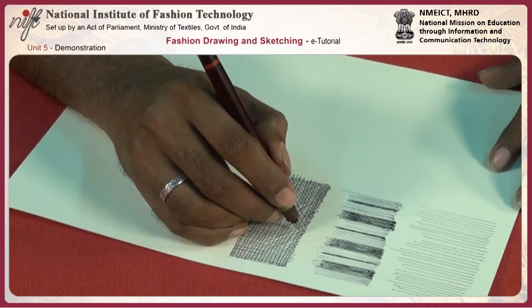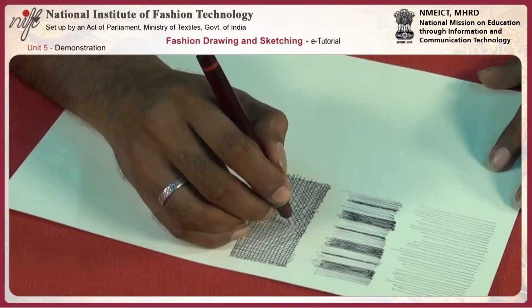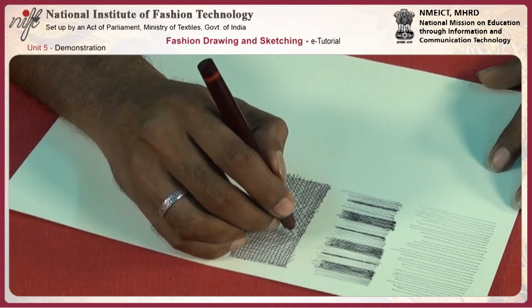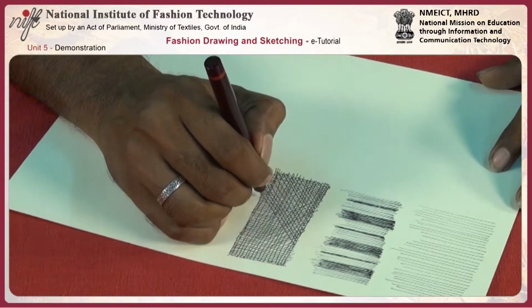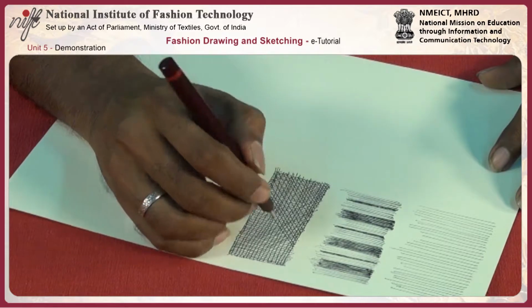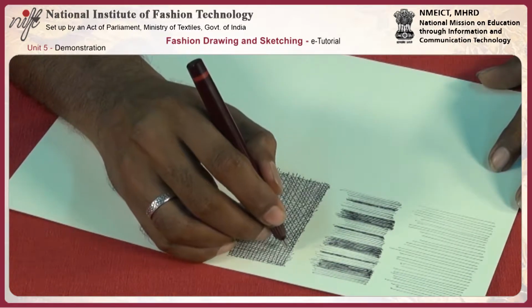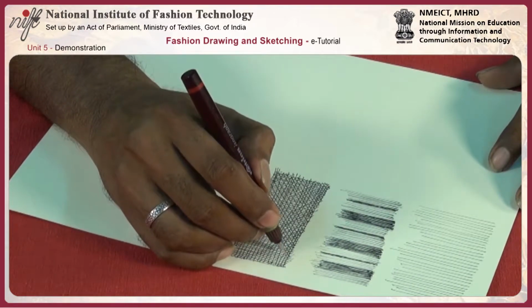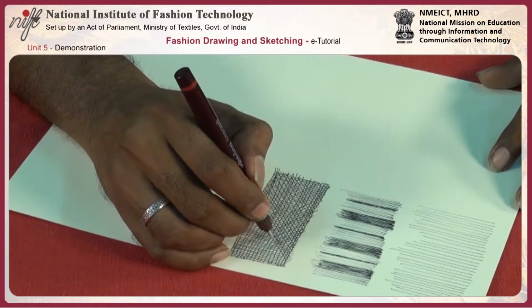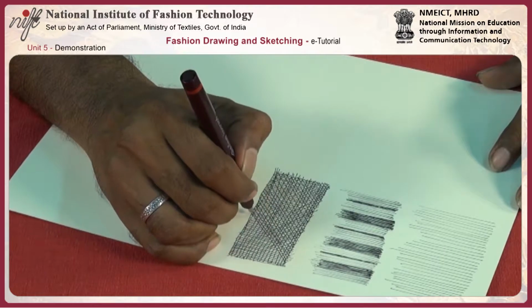So, as an illustrator, according to your requirements, you will have to decide on the size of the pen that you want to use as well as the distance between the various lines that you are drawing.